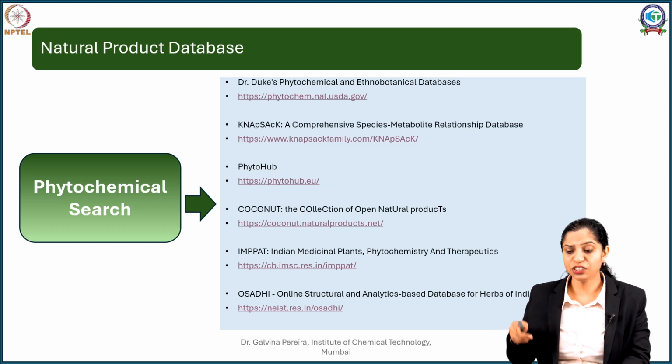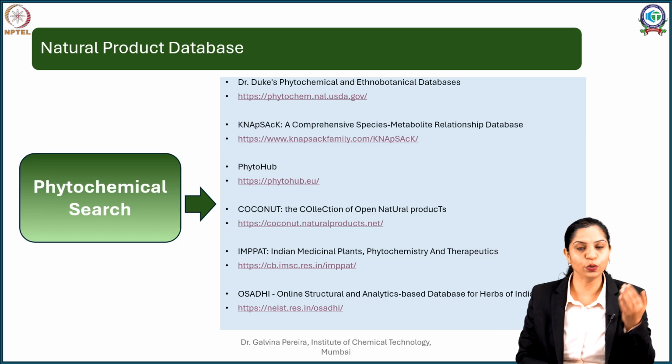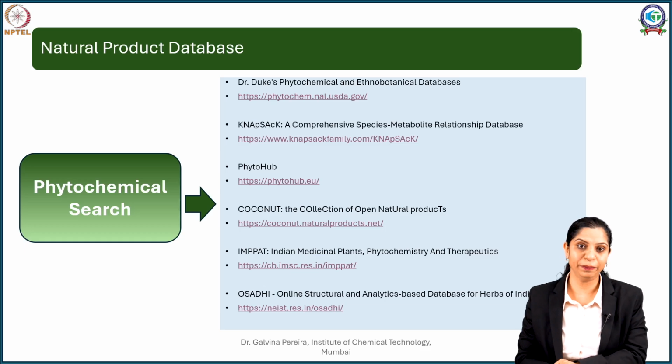Instead of going paper by paper, textbook by textbook, these web-based servers that we discuss in this session are going to help us find the phytochemicals and, to a certain extent, tell us about their properties.